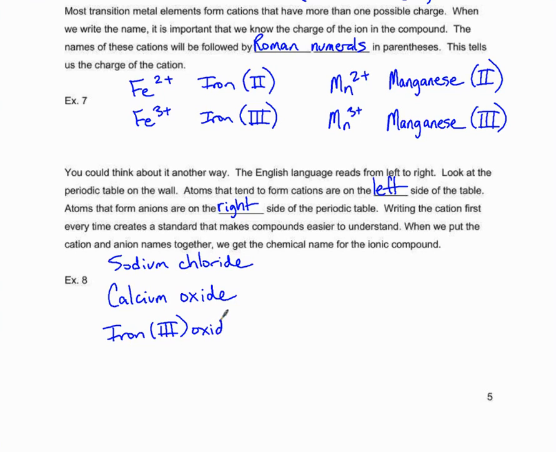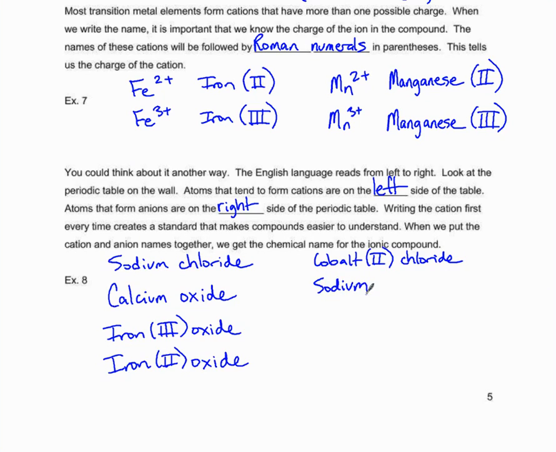Iron(III) oxide, this is rust. Iron(II) oxide, this is not rust. Cobalt, which is a transition metal. This is the charge of this cobalt ion, cobalt(II) chloride.